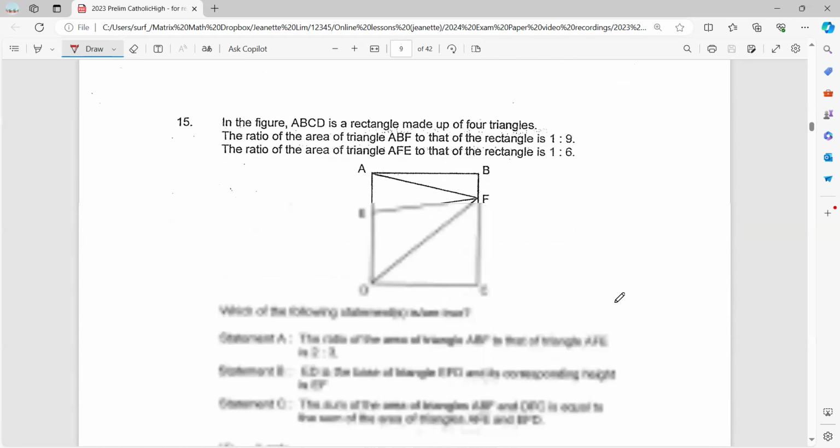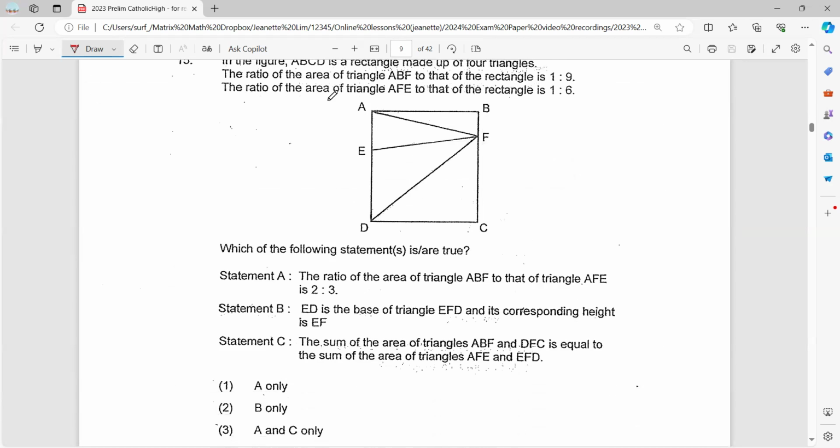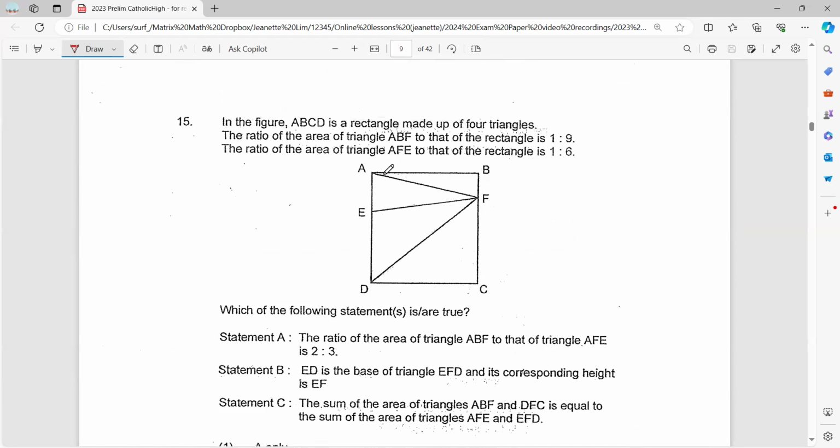Question 15. In the figure, ABCD is a rectangle made up of 4 triangles. The ratio of the area of triangle ABF, this one here, to that of the rectangle is 1 to 9. Okay, let's write that down first. ABF to rectangle 1 to 9.